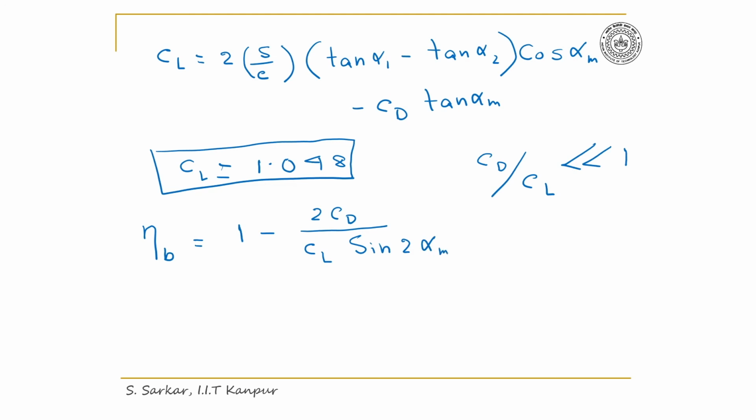Here you know CD and CL and also alpha m, so you can evaluate blade efficiency. Eta B would be equal to 0.9322. Thus, the blade efficiency becoming 93.2%.